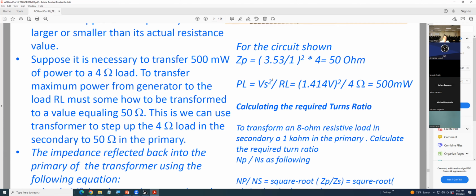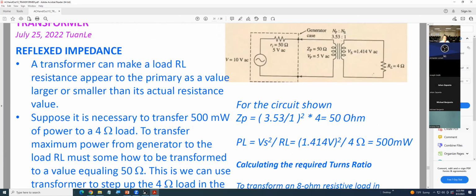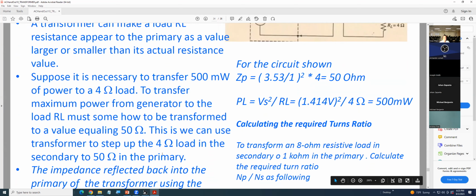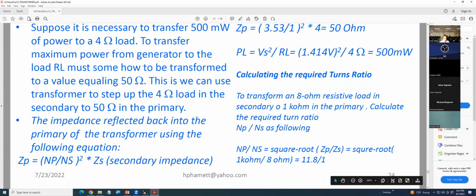Then you can get whatever voltage on this side. Then you can get the voltage here. You can use V squared divided by RL. That will give you the power. So there is not much more in the transformer.